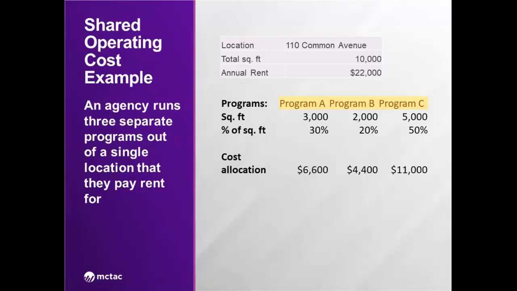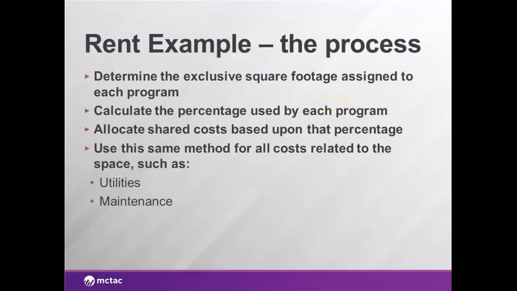Now, some programs have shared space, so these three programs could be sharing a waiting room, as an example. So in the rent example, you're going to determine the exclusive square footage assigned to each program.